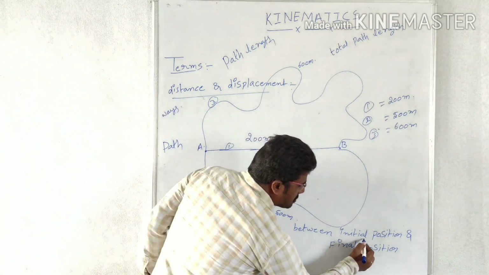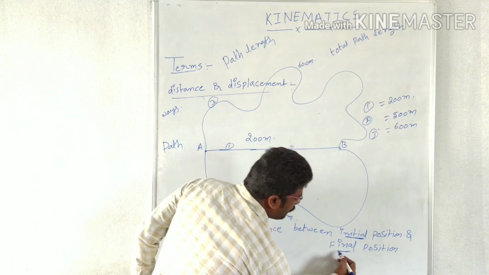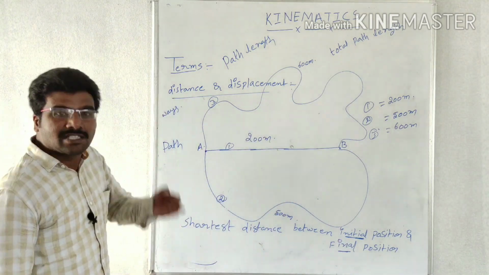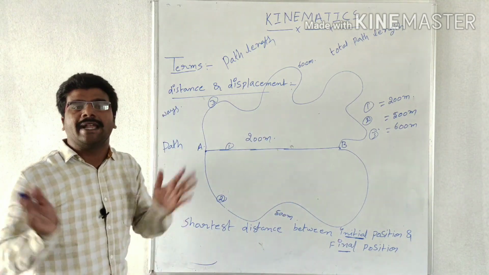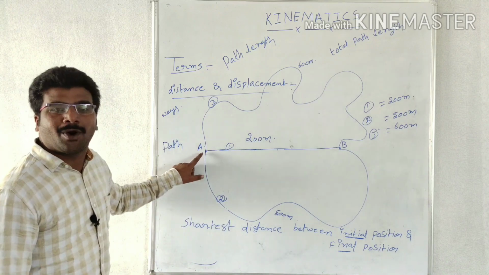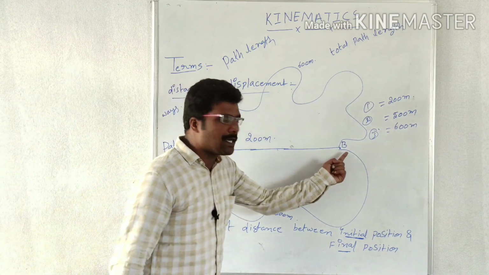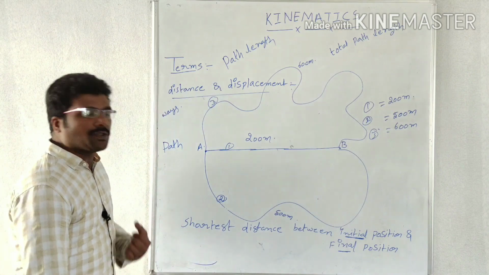Here we want to know the terms initial and final. Initial means starting, final means ending point. Here, what is the initial point? A. What is the final point? B. Now coming to the definition.